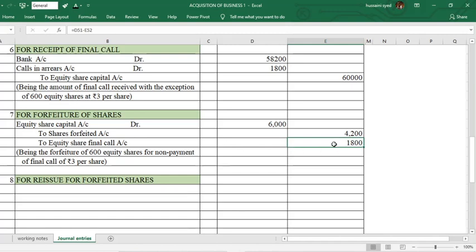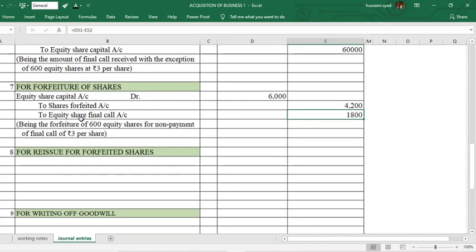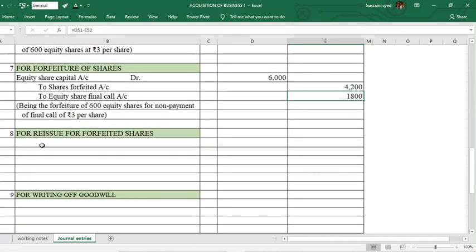And the unpaid amount is 1,800. That unpaid amount is on the final call. Whatever shares are forfeited by the company, these are being reissued. Reissued means now the company is going to receive the amount.